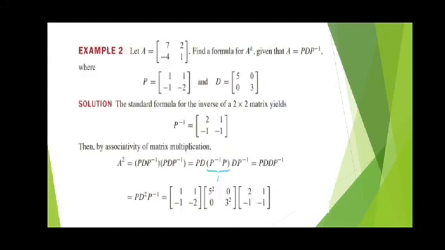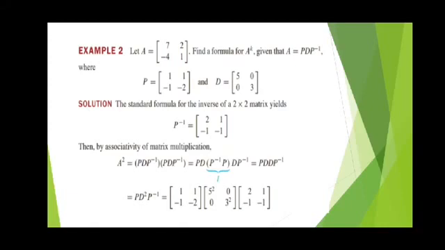Example 2: let A be equal to [7 2; minus 4 1]. Find a formula for A power k, given that A is equal to PDP inverse, where P is equal to [1 1; minus 1 minus 2] and D is equal to [5 0; 0 3].